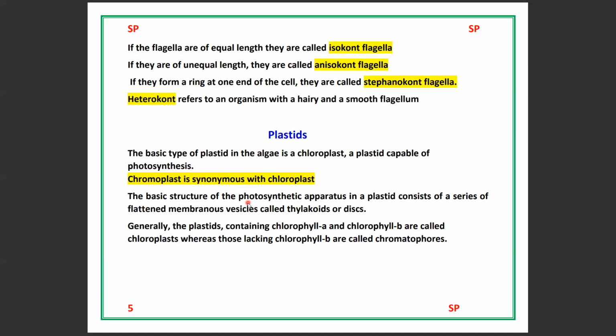The basic structure of the photosynthetic apparatus in a plastid consists of a series of flattened membranous vesicles called thylakoids or discs. Generally, plastids contain chlorophyll a and chlorophyll b. They are called chloroplasts. Both chlorophyll a and b are present in the chloroplasts. Whereas those lacking chlorophyll b are called chromatophores.